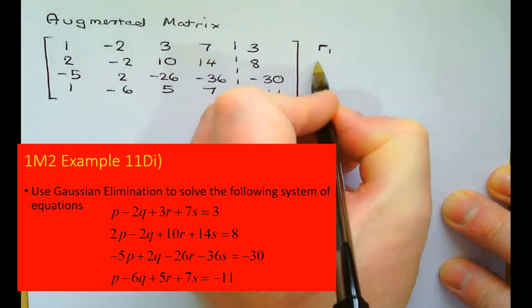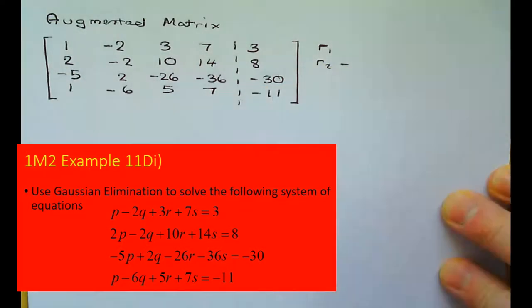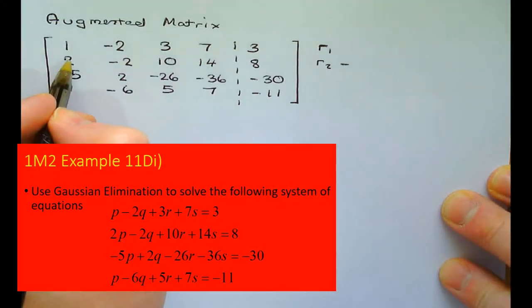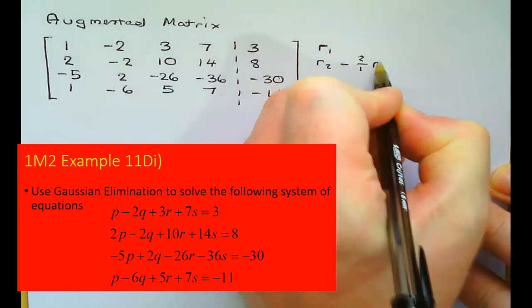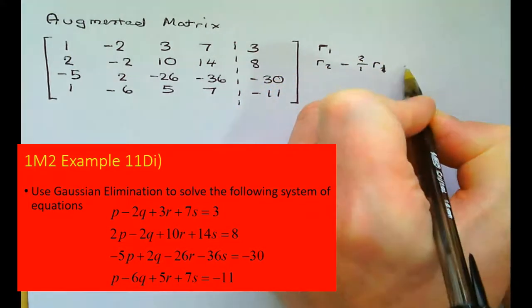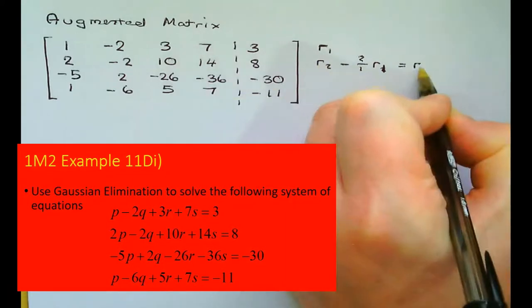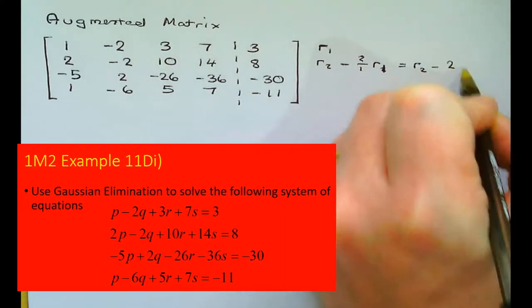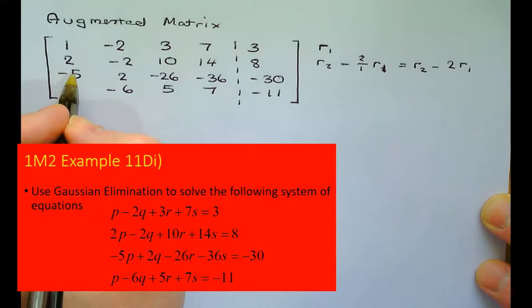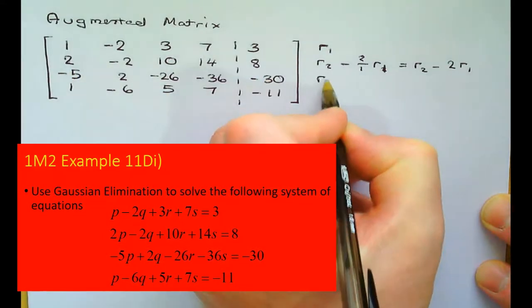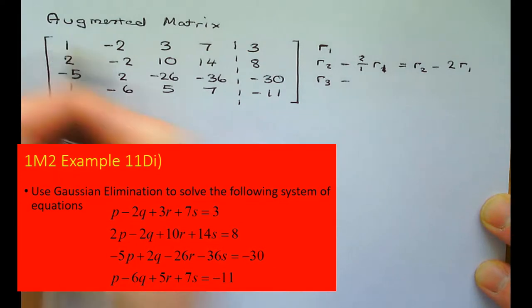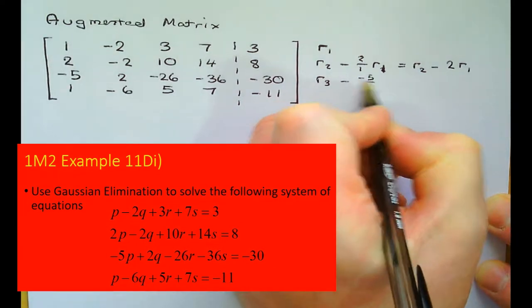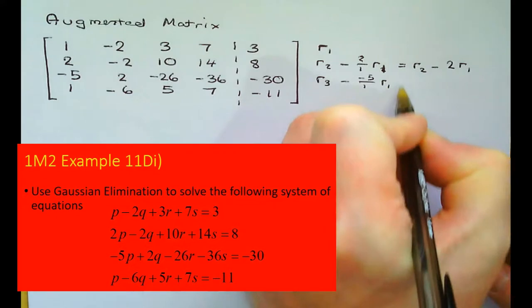And then we'll take row 2, we subtract off a multiple of row 1, and the multiple will be 2 over 1. So we have row 2 minus twice row 1. We'll take row 3 and we'll subtract off minus 5 over 1 times row 1.